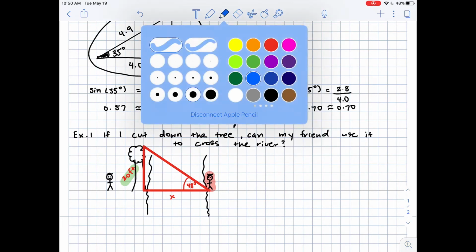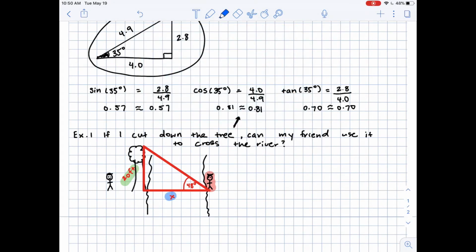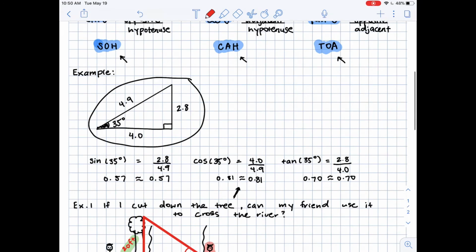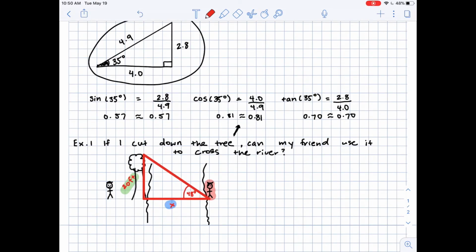He has the opposite side, and he has the adjacent side. Opposite and adjacent comes from here. T stands for tangent. So he knows that the tangent of 48 degrees is equal to the opposite over the adjacent.